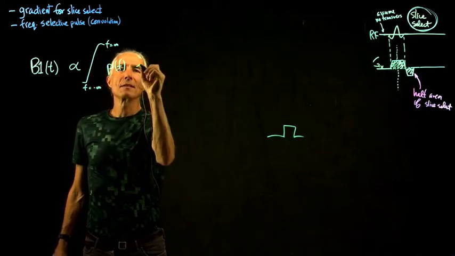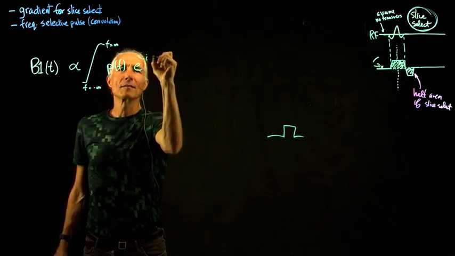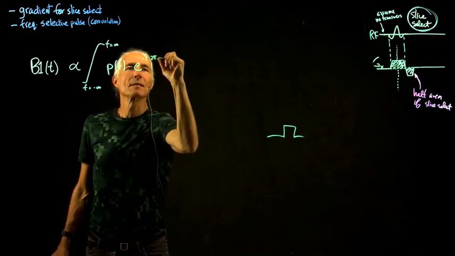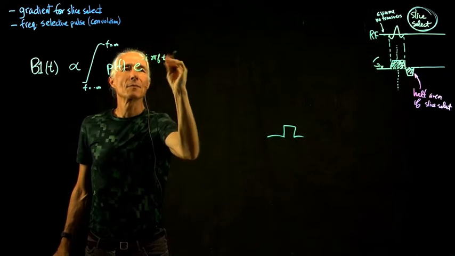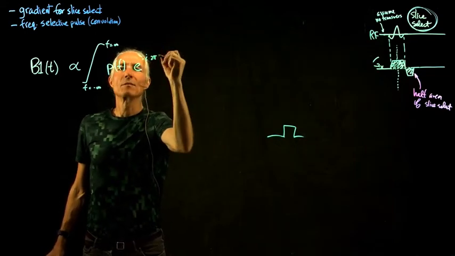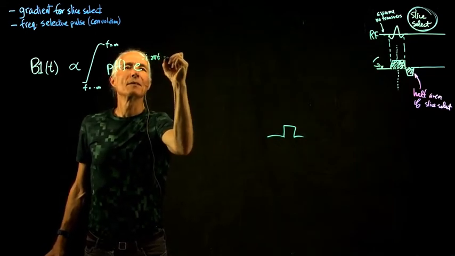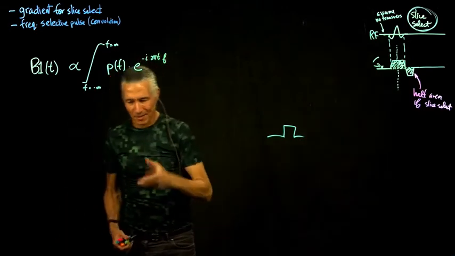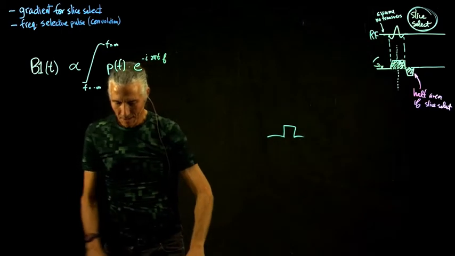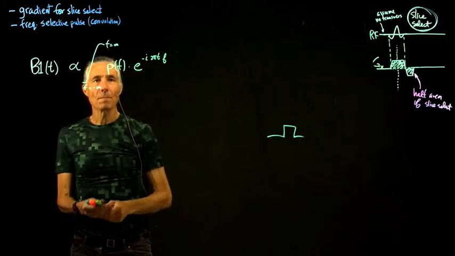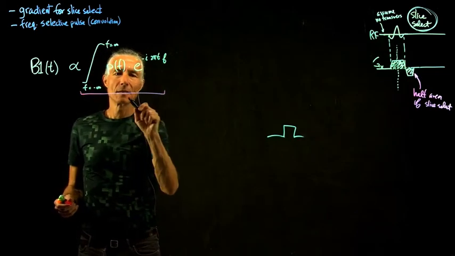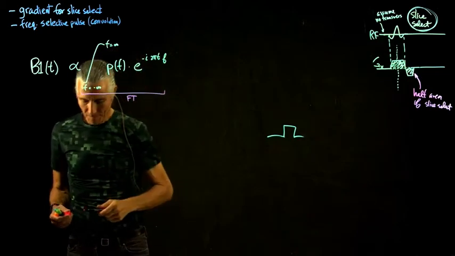And then times our regular e to the minus i 2 pi frequency times time. Or we can reverse it, so time times frequency, so that you get an idea that we're doing the inverse Fourier transform. So basically this thing is just the FT, Fourier transform.